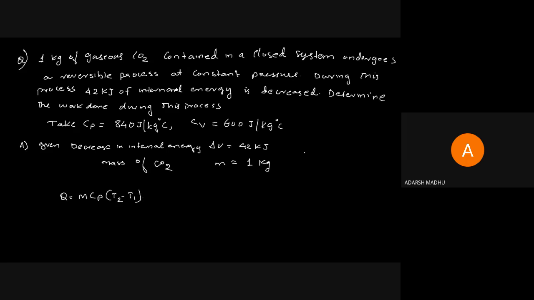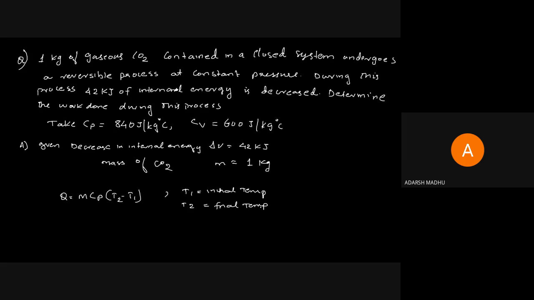So take initial temperature T1 and final temperature T2. How we can find the value of T1 and T2? m is given and Cp is given. So we can find the value of Q.